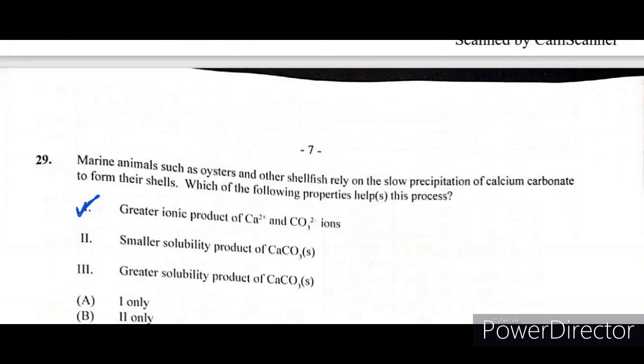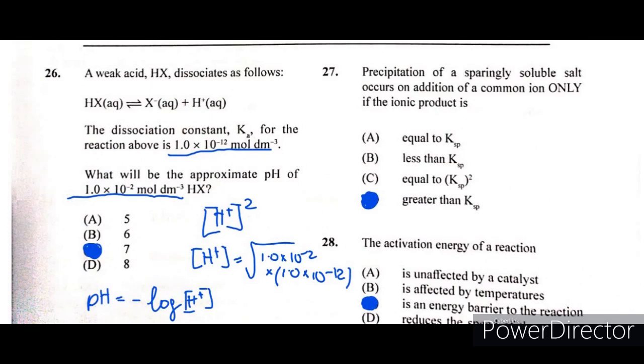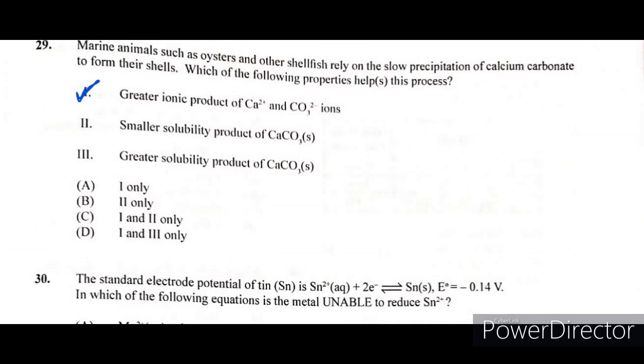Alright, let's go back up here. 27 is true. If the ionic product has to be greater than the KSP, then you'd need a smaller solubility product with a greater ionic product.